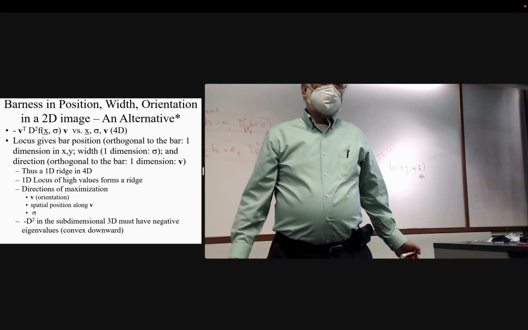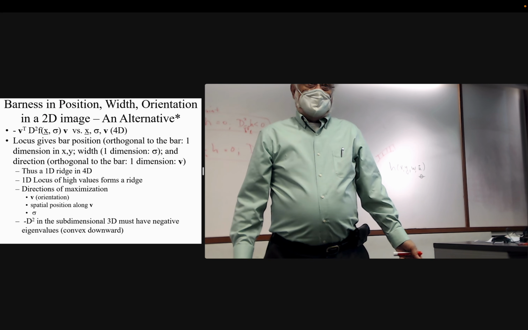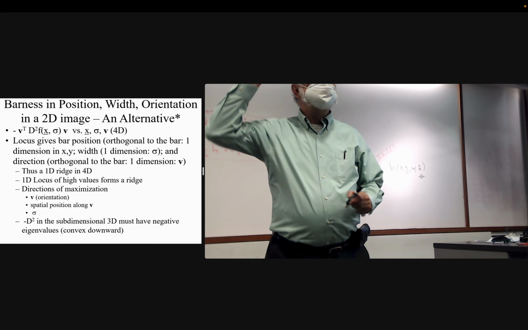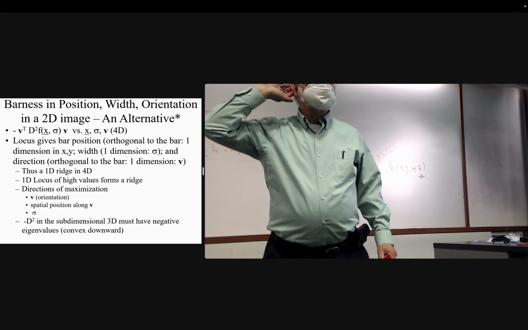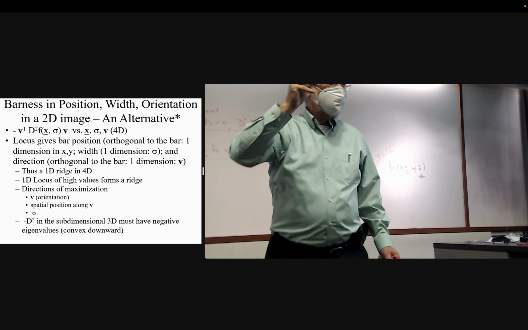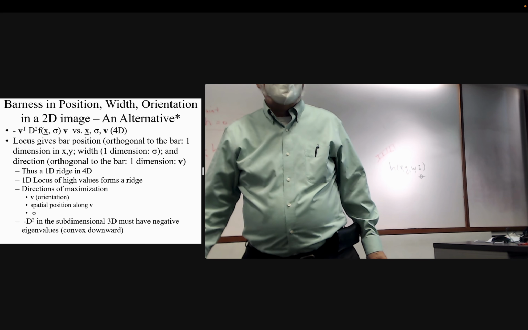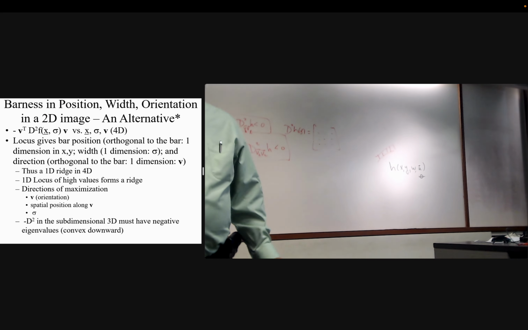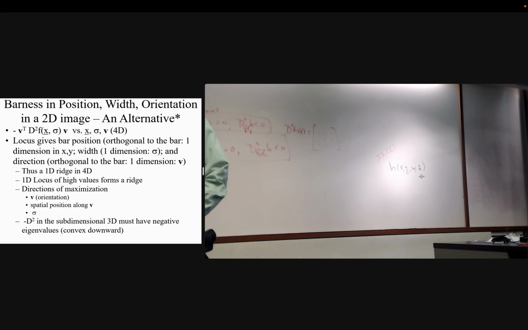So now big M equals 4, little m equals 1, it's a curve you're trying to find, in 4 dimensions. So you're trying to find a one-dimensional ridge in 4 dimensions.